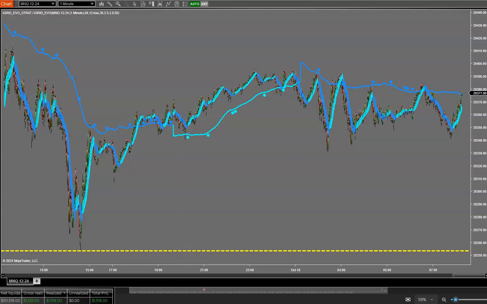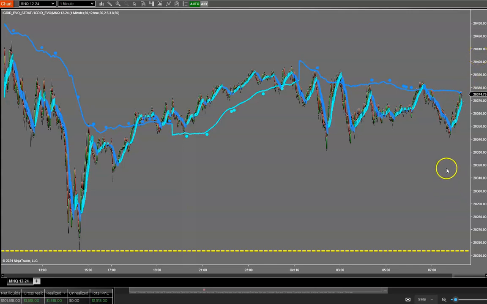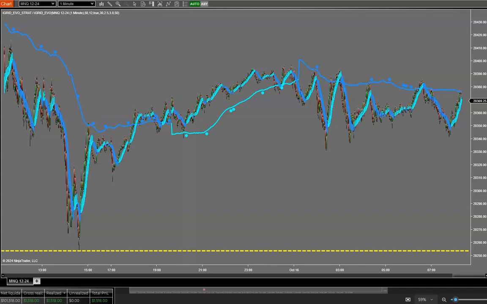Okay, so the market sold off here prior. We had a bit of a bounce in the overnight session. We're coming up to 732. We're getting some lower pivot highs, and we're coming into the 732 time window.